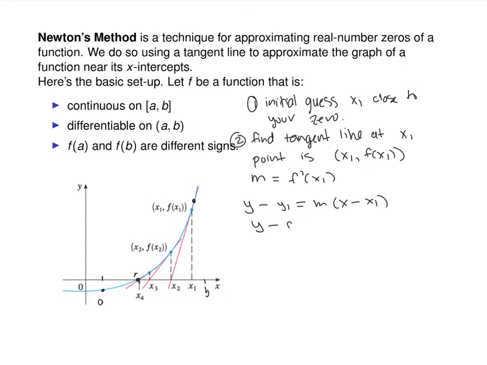So y minus f of x1 equals f prime of x1 times x minus x1. Or solving for y, it's going to be y equals f prime of x1 times x minus x1, plus f of x1. That was a lot of letters, but just moving stuff around.